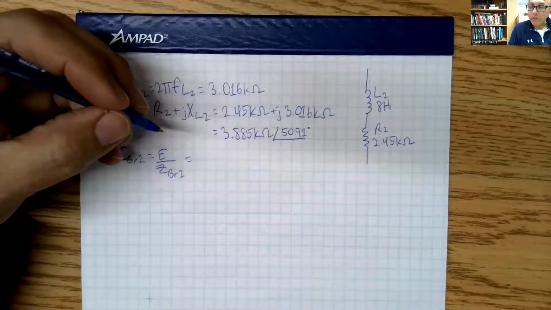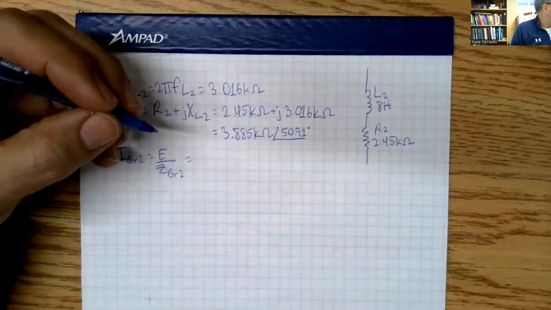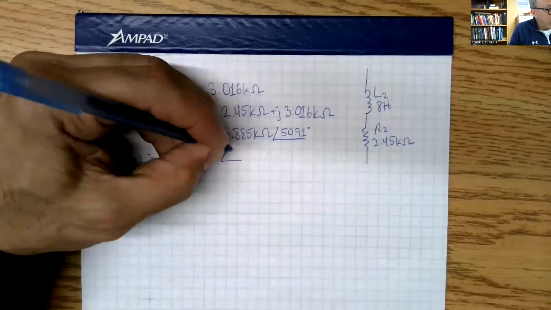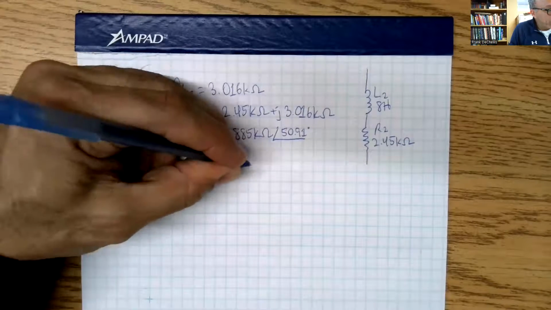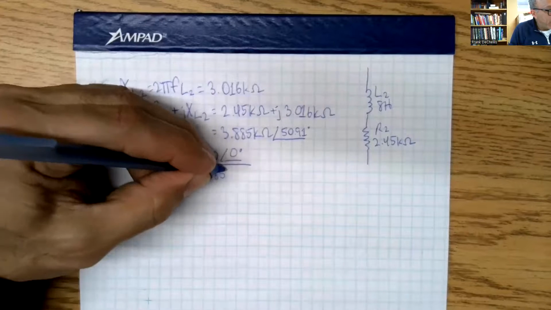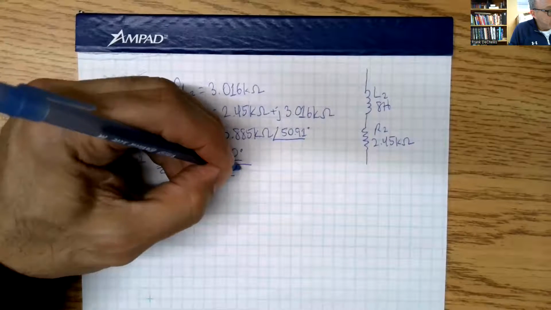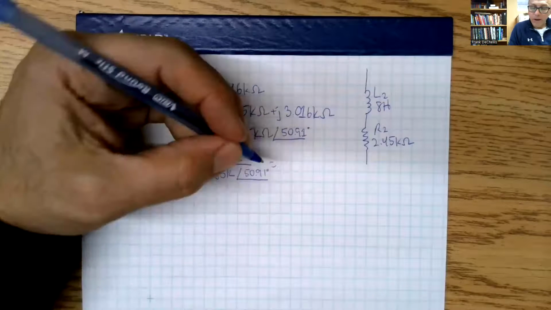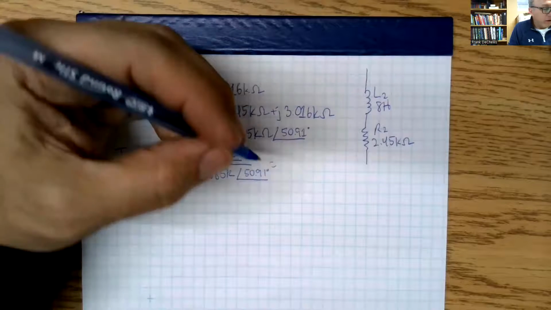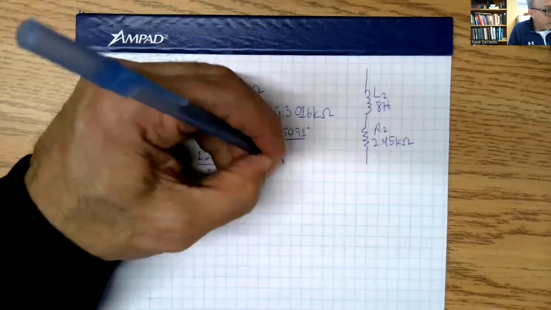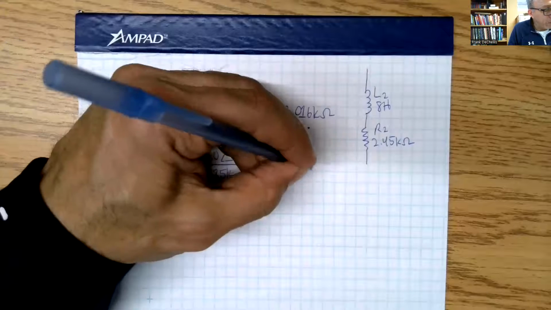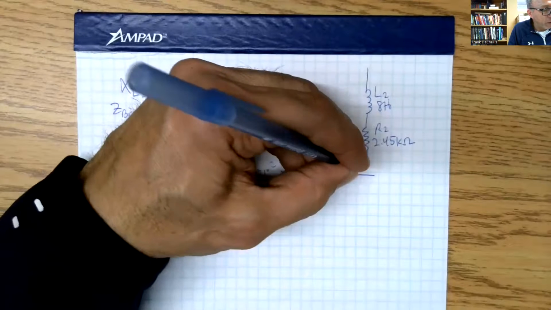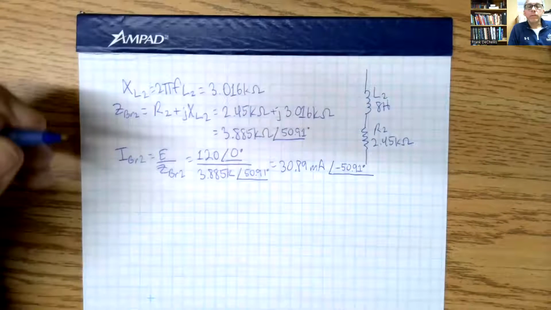That works out to 120 angle 0 over 3.885K angle 50.91, and that works out to 30.89 milliamps at an angle of negative 50.91 degrees.